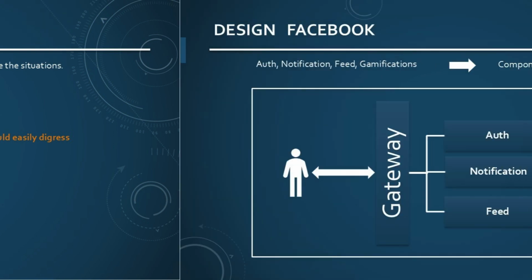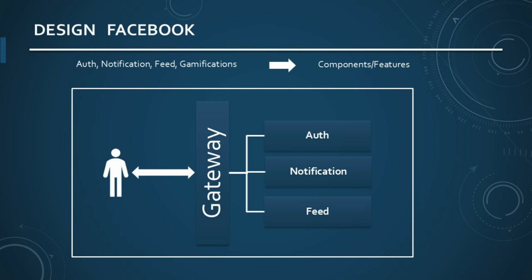So let's say you take, design Facebook. You'd say, well, there would be one component that would take care of authentication. One component would take care of notification. One component would take care of feed. I just took 3 simple features that we use, big enough to be their own microservice. Right? And then we tackle one at a time. So if the problem statement is big enough, like Facebook, split it into features.